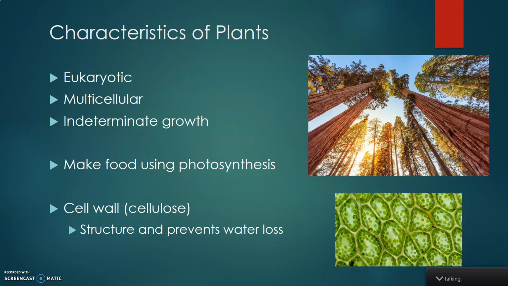And cellulose is, if you've ever eaten a piece of celery, those stringy fibers that you get when you bite into the celery. That is what cellulose looks like on a macro scale. But it is there for one of these important functions, to prevent water loss, because plants, at least most of them, have been adapted to live on land.